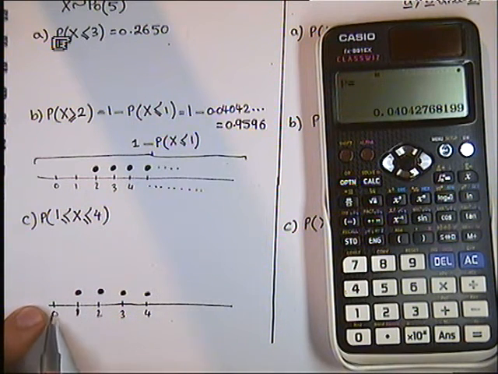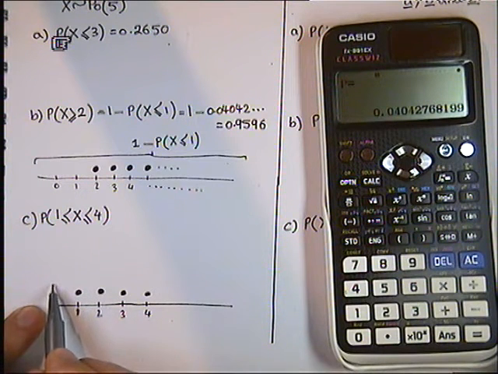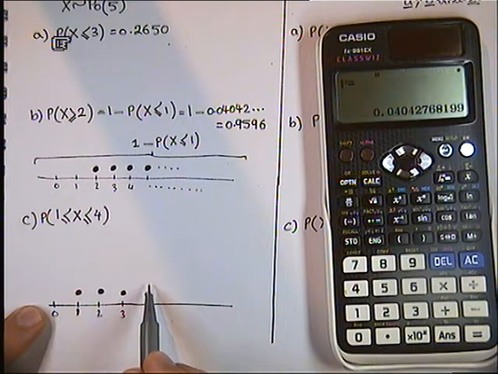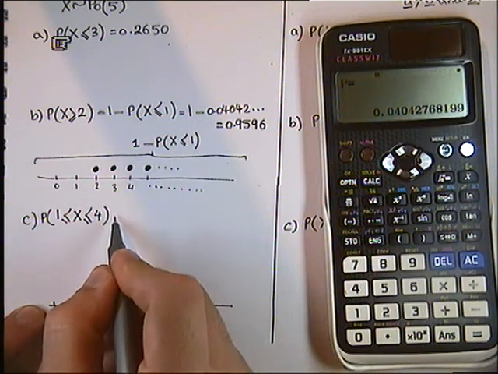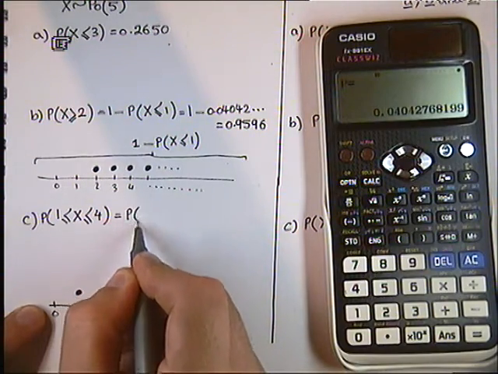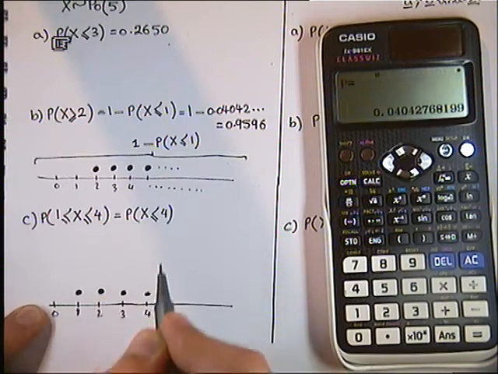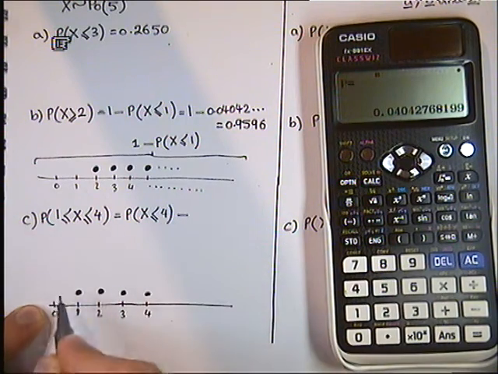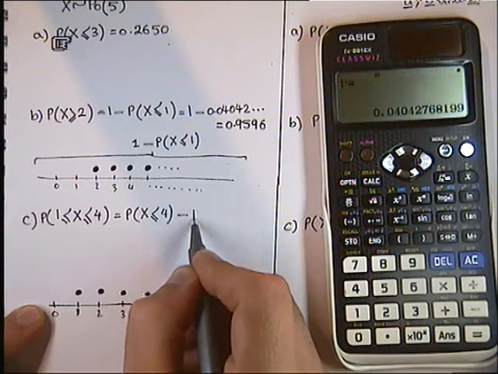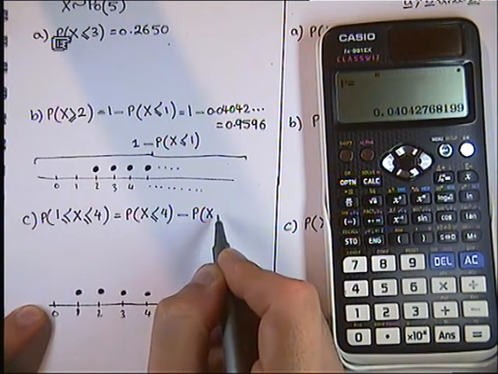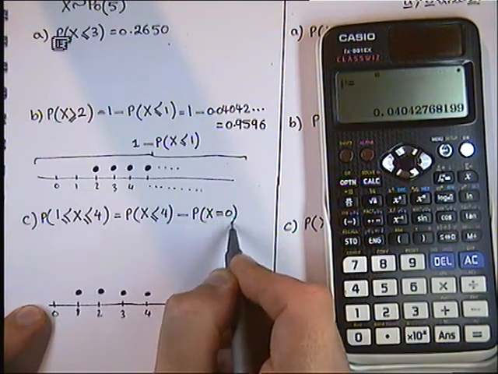What I don't need here is only 0. My calculator can calculate up to probability of x less than or equal to 4. So that is probability of x less than or equal to 4, and all I need to do is take away 0 from here, probability of x equal to 0.